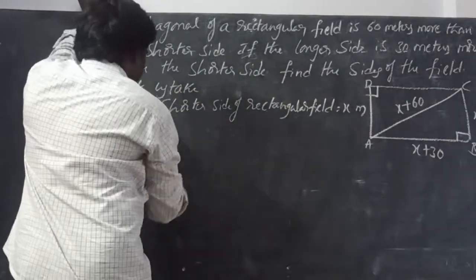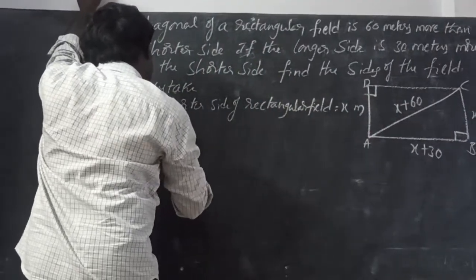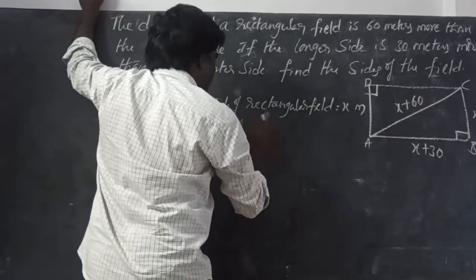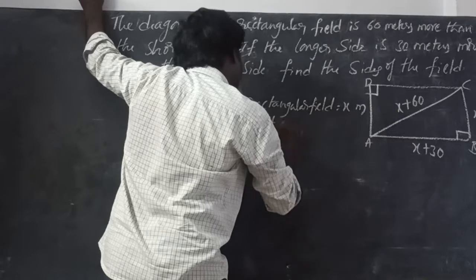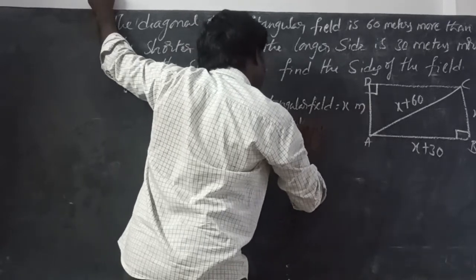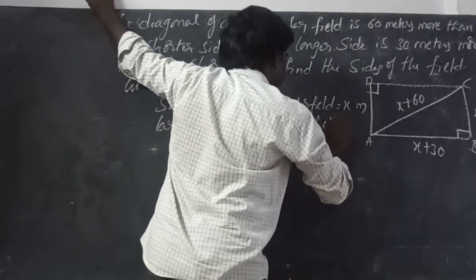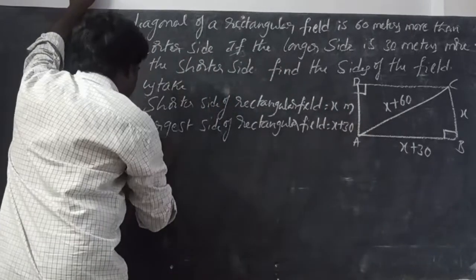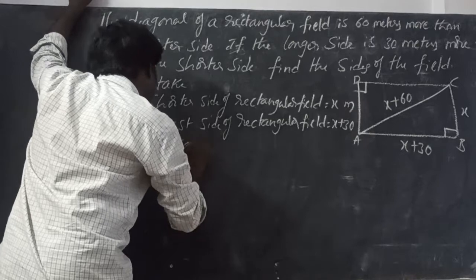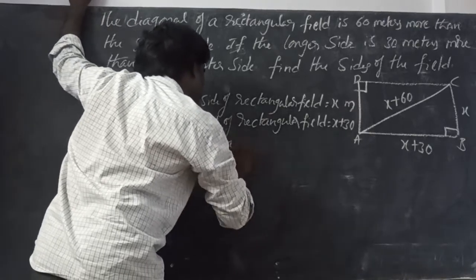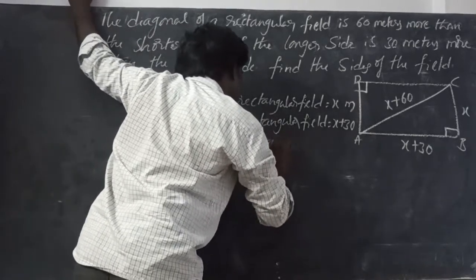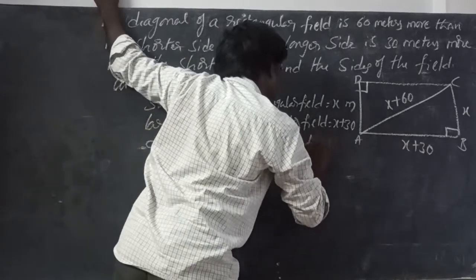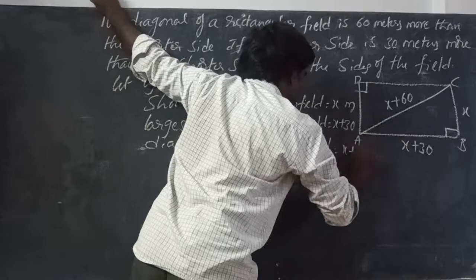The longer side of the rectangular field, by the given condition, is x plus 30. Next, the diagonal of the rectangular field is 60 meters more than the shorter side, so that is x plus 60.